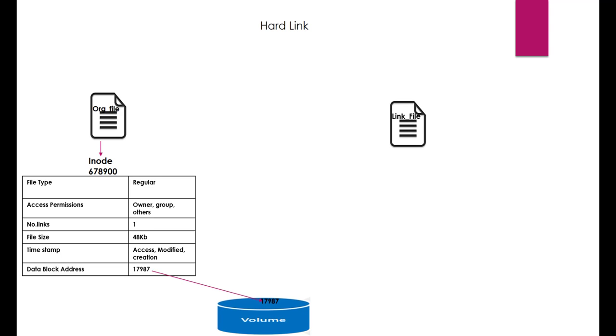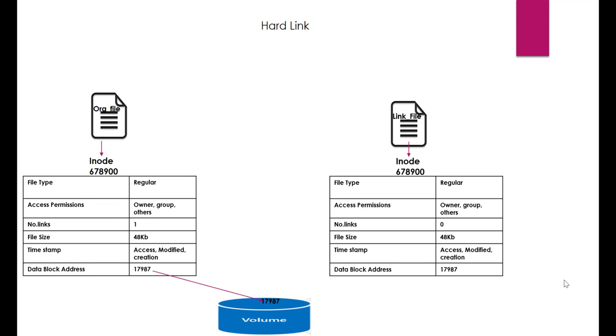When you create a link file using a hard link, you are going to have the same inode number, whereas for a soft link it was a different inode number. This inode number is going to have an inode table, and this inode table also has the details about the data block address. Using that data block address, it will refer to the storage device in order to access the block location of that file.